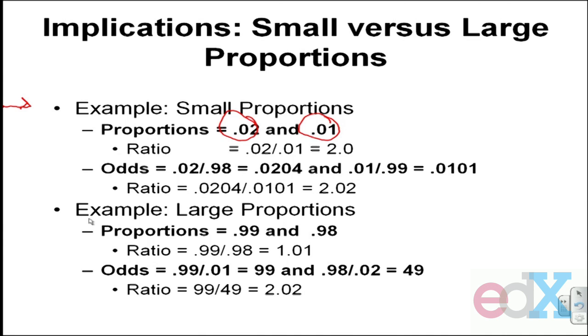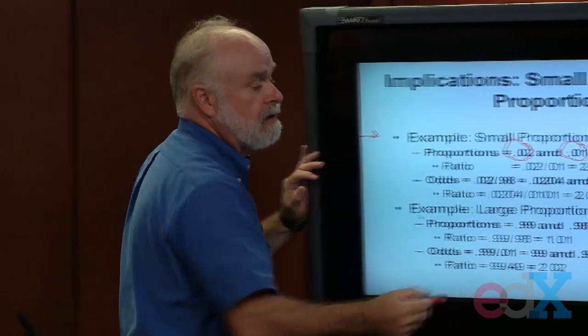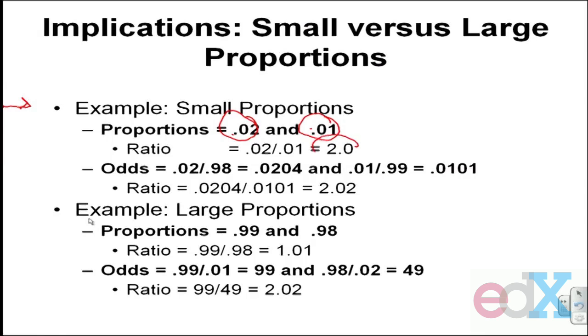If you were going to summarize how much more frequent the outcome is in one population than the other, you're going to be comparing 2 proportions, 2% versus 1%. If you took their ratio, dividing the 2% by the 1%, the ratio of those 2 proportions gives me a value of 2.0. You'd say the outcome is twice as common in the first population, where the proportion is 2%, than in the second population, where the proportion is only 1%.